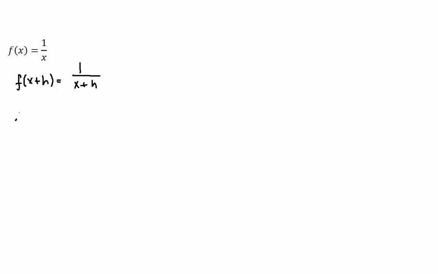And then the average rate of change between x and x plus h, which is our difference quotient, is going to be f of x plus h minus f of x all over h. And that then becomes, let me write the 1 over h in front. Instead of dividing by h, I'm going to multiply times its reciprocal, just so it looks better.